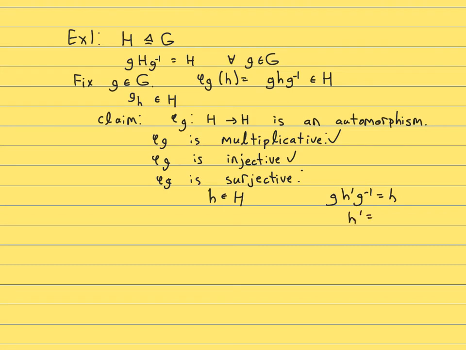If you multiply both sides on the left by G inverse and both sides on the right by G, we've found the element of H we're looking for. Because we're closed under conjugation by every element of G, this is also true if you replace G with G inverse, so this thing on the right is in fact an element of H.